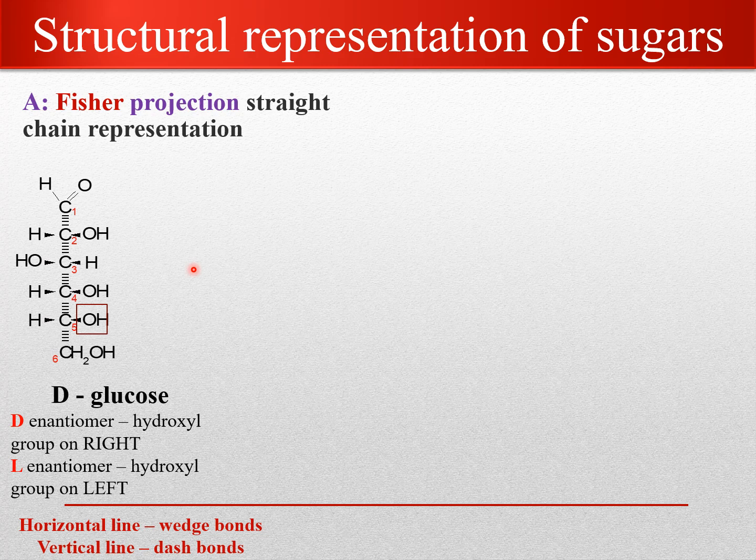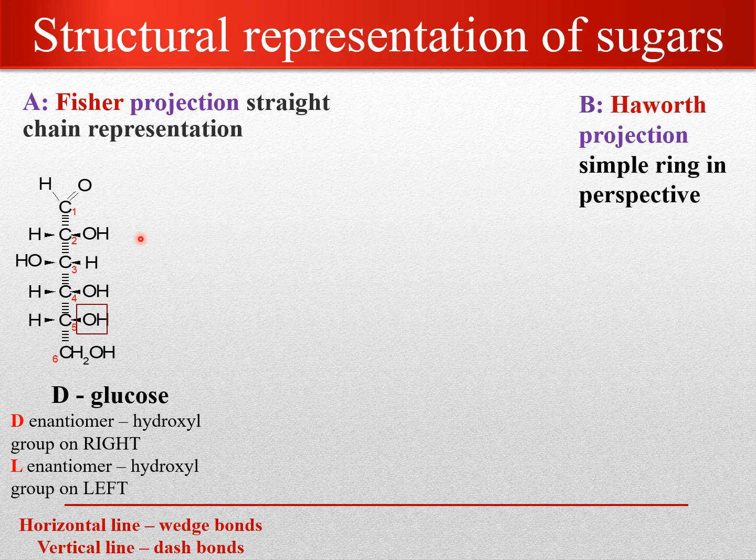Just imagine the wedge line is closer to you while the dash line is going away from you. So based on distance, the wedge line is much nearer than the dash line. It's just giving you an impression in Fischer projection. No need to be two-dimensional, it can also be three-dimensional.